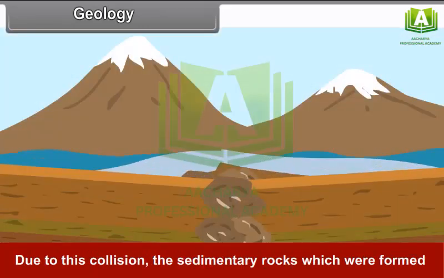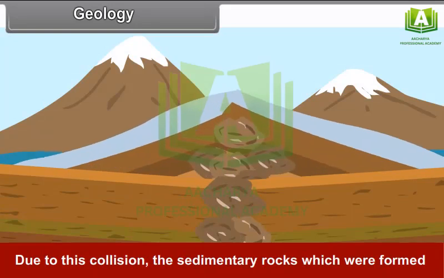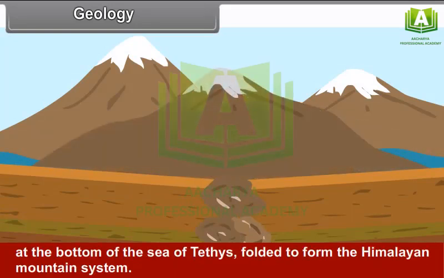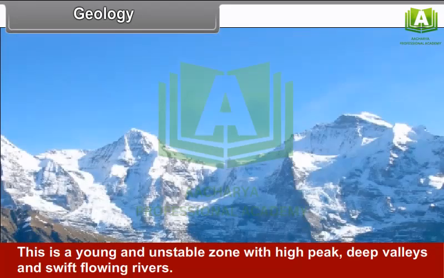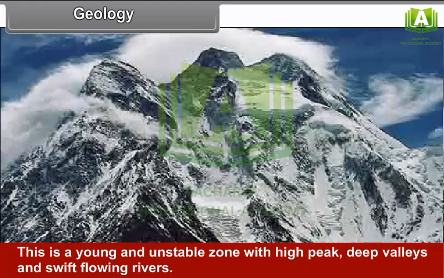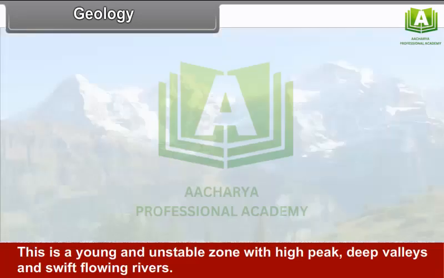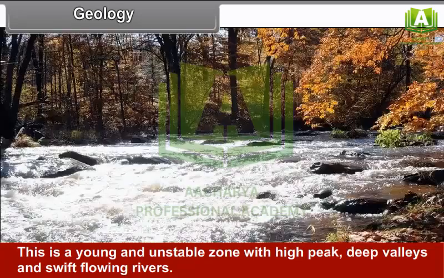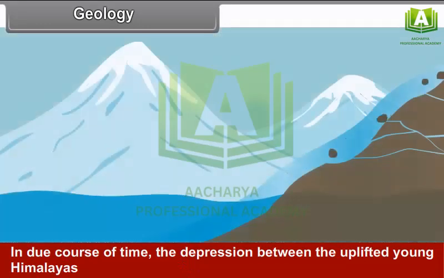Due to this collision, the sedimentary rocks, which were formed at the bottom of the Sea of Tethys, folded to form the Himalayan mountain system. This is a young and unstable zone with high peaks, deep valleys, and swift-flowing rivers.